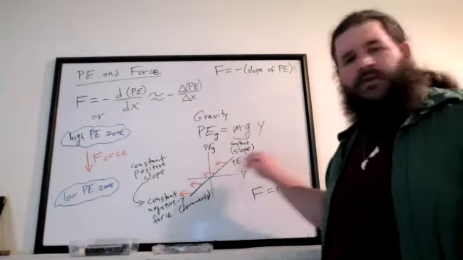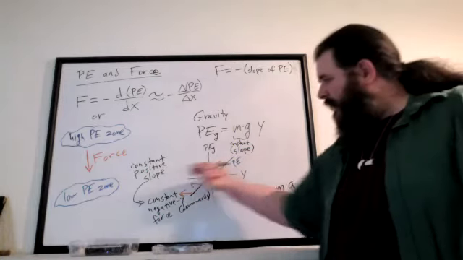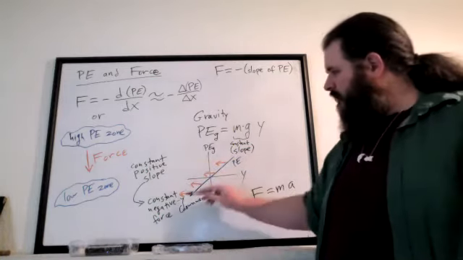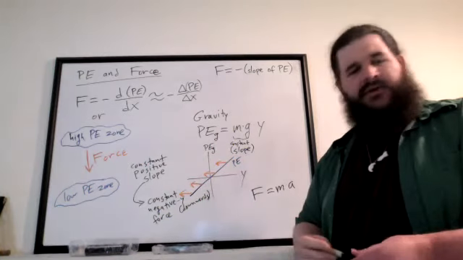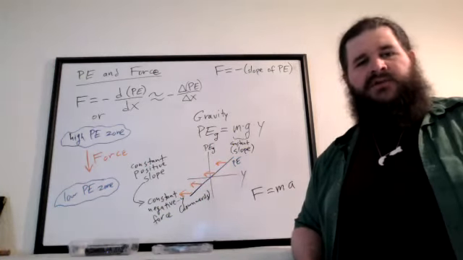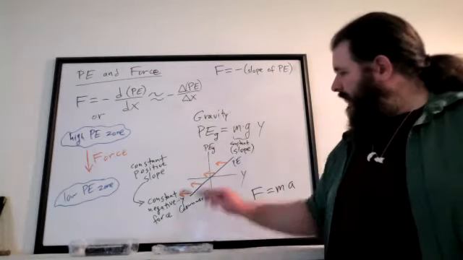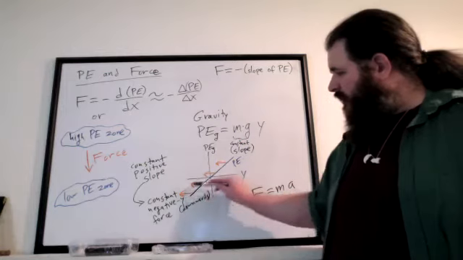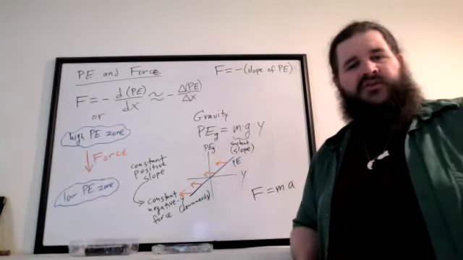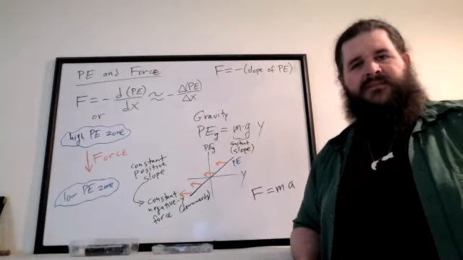And even though we're drawing the y-axis sideways, this still means upwards and downwards. So these arrows to the left really mean force pointing in the downwards direction. We're just drawing it on the horizontal axis. And since it's the same slope everywhere, these arrows would all be the same size. They're all the same strength of force, same magnitude.